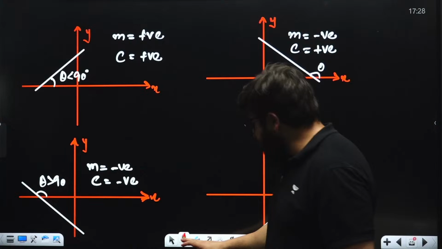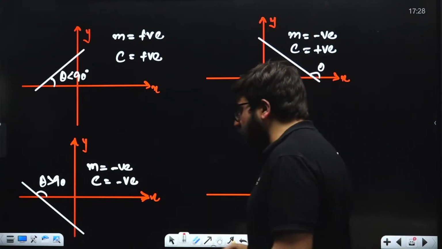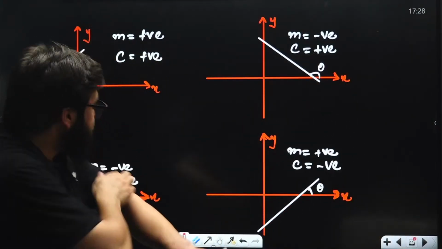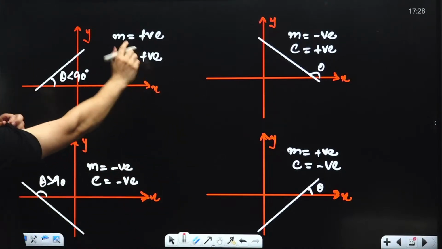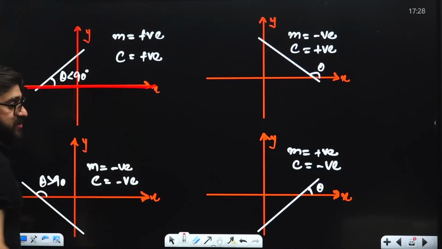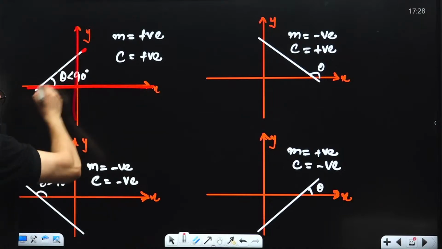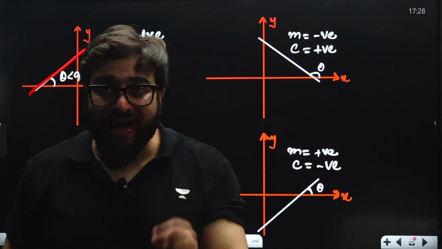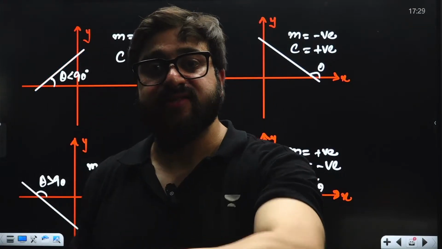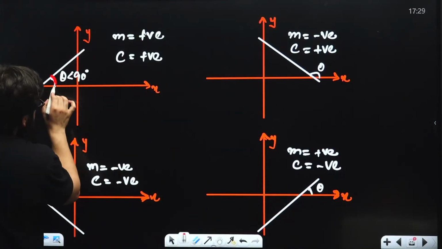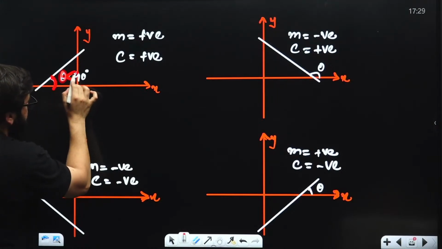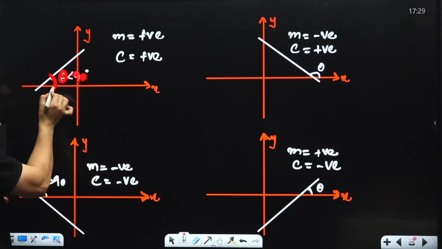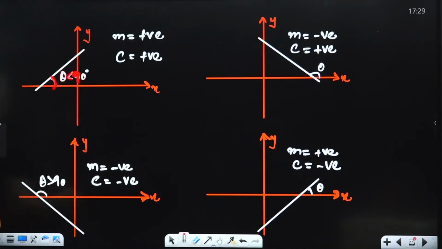Let's talk about these four cases. Guys, see, here this is the y-axis, this is the x-axis, and the line is something like this. You have to check the value of theta with the x-axis. In this particular case, theta is less than 90 degrees. You have to check this smaller angle over here. Don't say I'll check this angle, sir. No. So theta is less than 90 degrees.